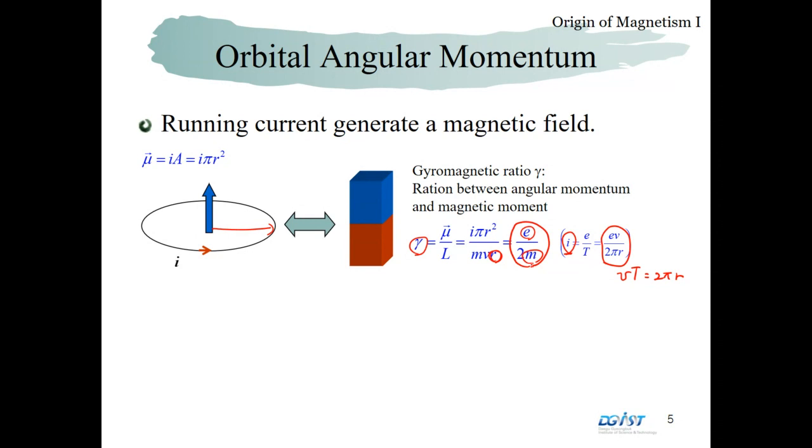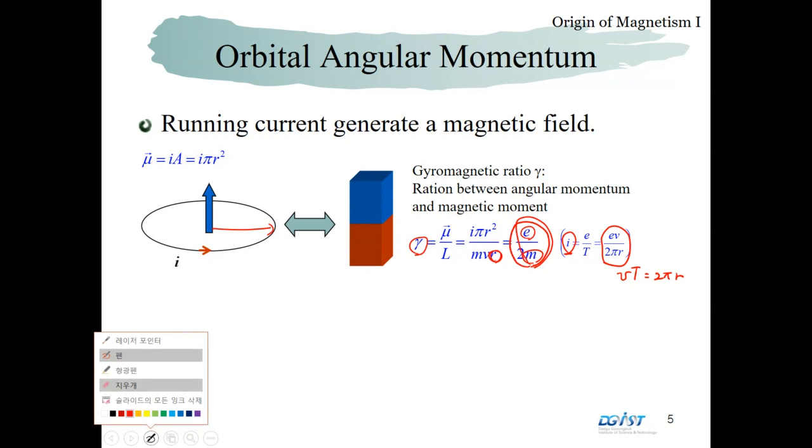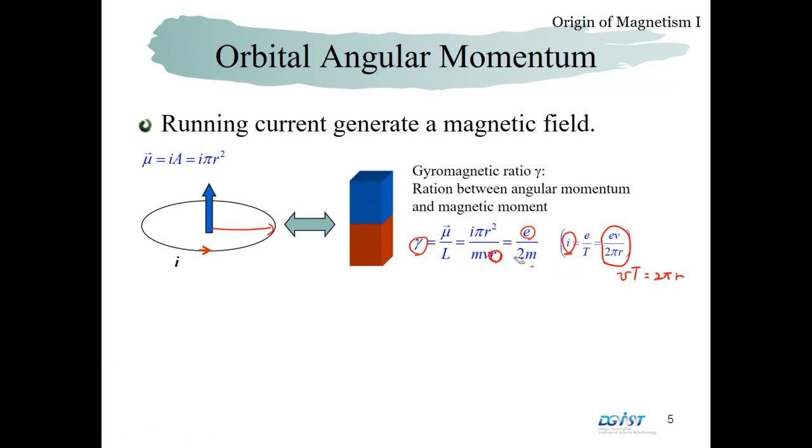And this is a very fundamental quantity of the electron. So you can easily understand this gyromagnetic ratio came from a very fundamental physical quantity. It doesn't depend on the current and the details of the orbit. So for a free electron, you can easily obtain the value of gamma here.